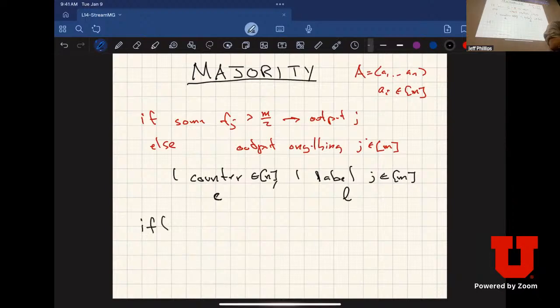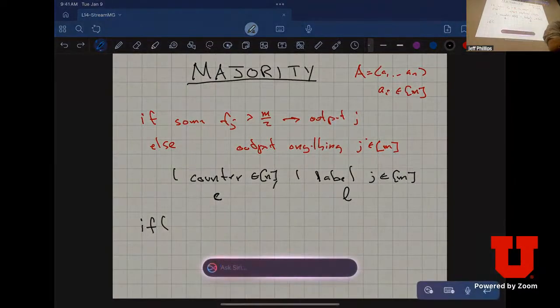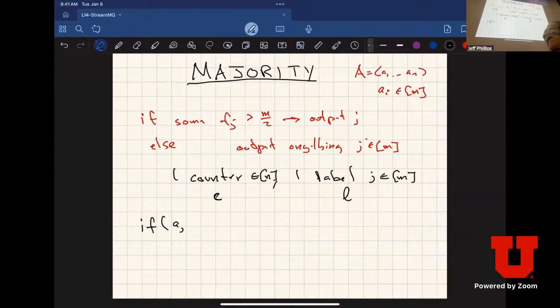If AJ is equal to my label, okay, the options are AJ is equal to the label or it's not equal to the label. That's basically all I can tell with one label. So what should I do if it's equal to the label?